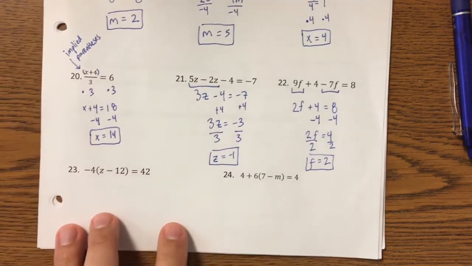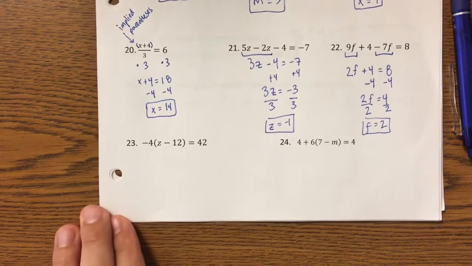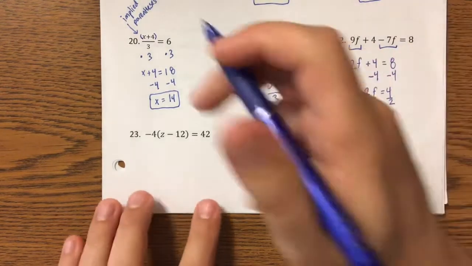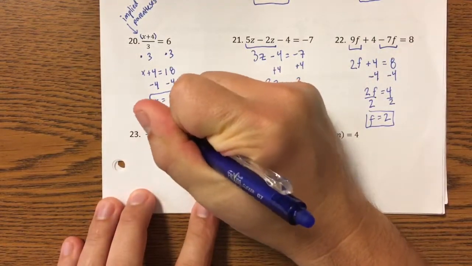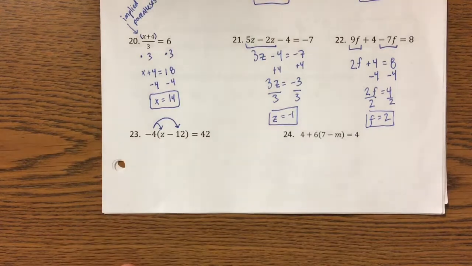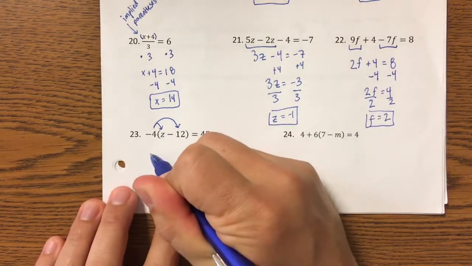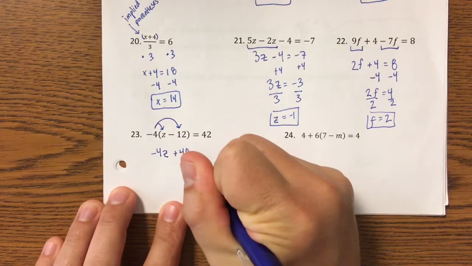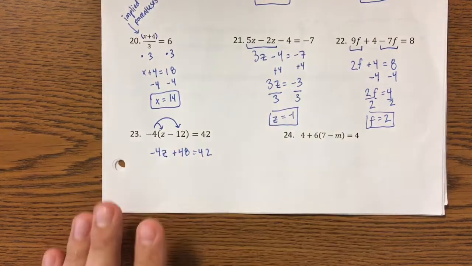What do we got going on with number 23? Got to distribute first, right? So let's take care of the distributive step. Going to multiply the -4. Okay, -4z plus 48 is 42.